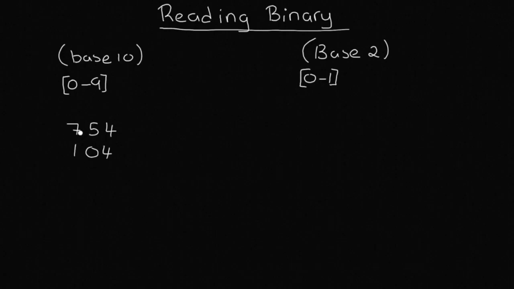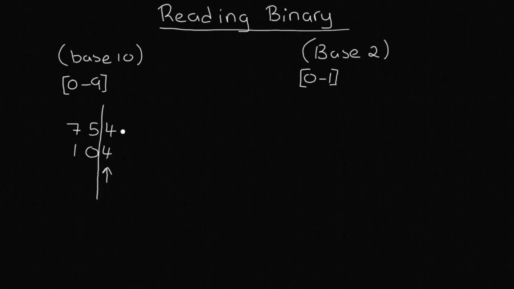If we look at these two numbers here, using the normal way of counting, we can see that this number here is 754, and this number is 104. Now, we all know this, but one thing that we might have forgotten about is when we look at this value here, we can imagine this as being a column.